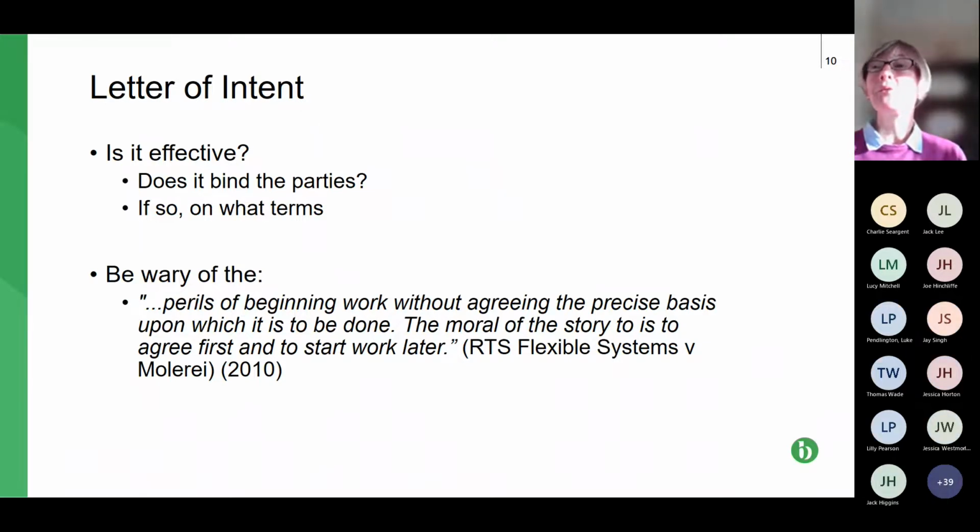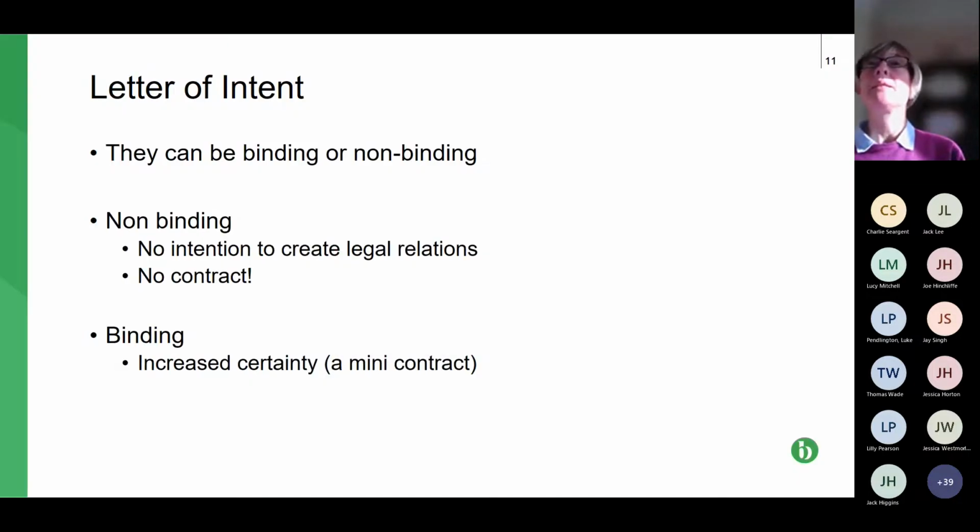So that's the judge saying to all of us, do not go there, do not enter into a letter of intent. Which you may be thinking is all right for a judge to say, but in real life, it's a little bit different.